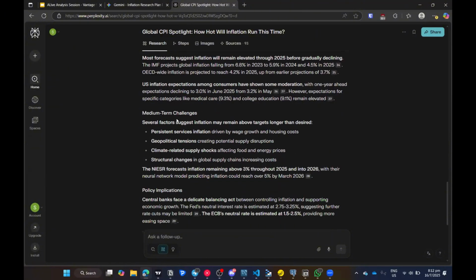Okay, and then the challenges would still be wage growth, housing costs, right? And then global political tensions in the Middle East as well as in the US. I would say climate-related supply shocks is something that is quite debatable. Okay. And then, of course, structural changes in global supply chains.